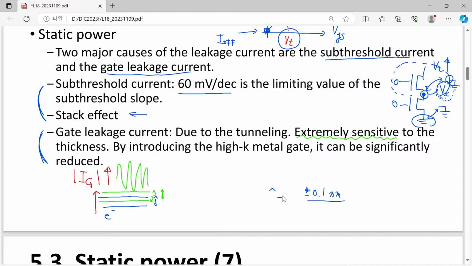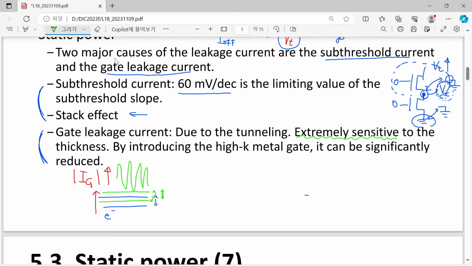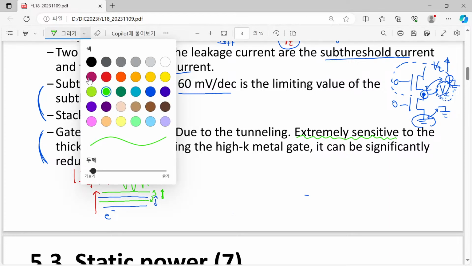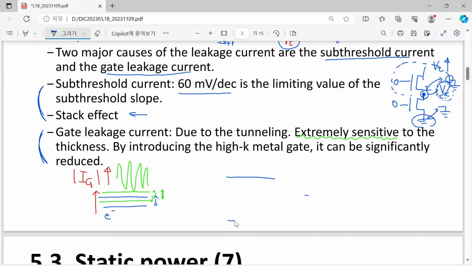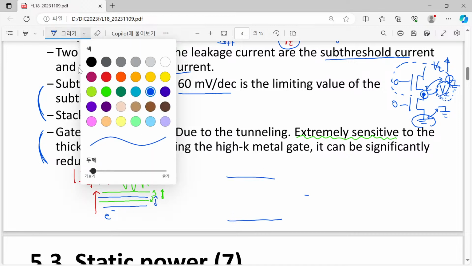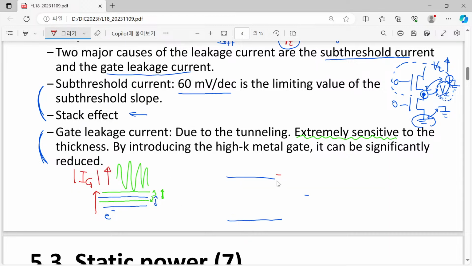Let me talk about it this way. If you have a relatively thick oxide, then this unit fluctuation shown here doesn't introduce much difference.